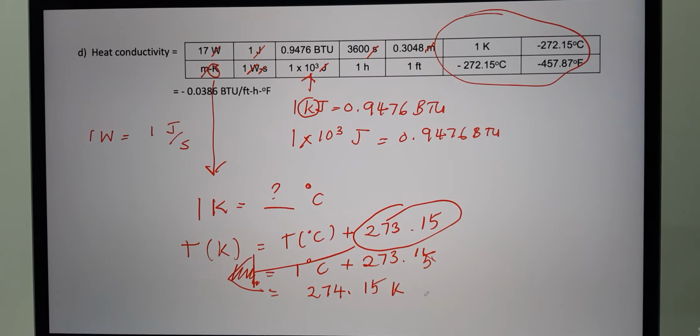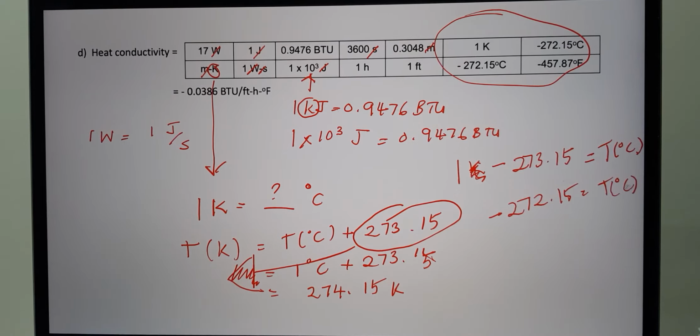So it becomes 1 Kelvin minus 273.15 equals T degree Celsius. The value is 1 minus 273.15, which becomes negative 272.15 equals T in degree Celsius. So that's why we get this value: 1 Kelvin equals negative 272.15 degrees Celsius.